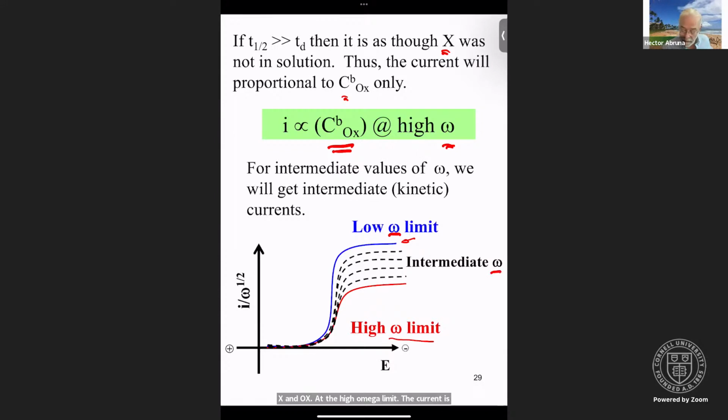And then at intermediate values of omega, you see intermediate values of the normalized current. Notice that we are normalizing the current to the square root of the rate of rotation. If there was no dependency at all, those lines would fall on the same profile.